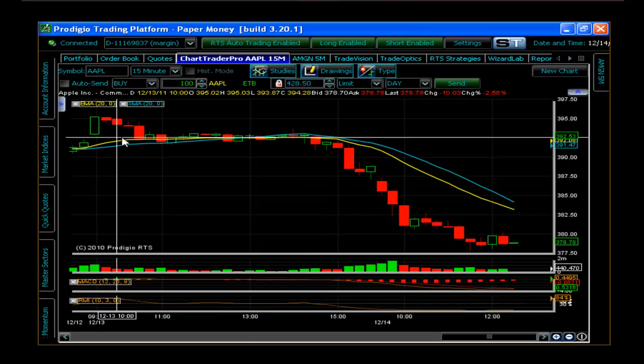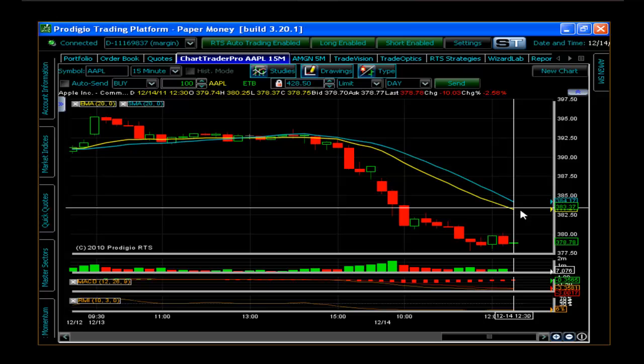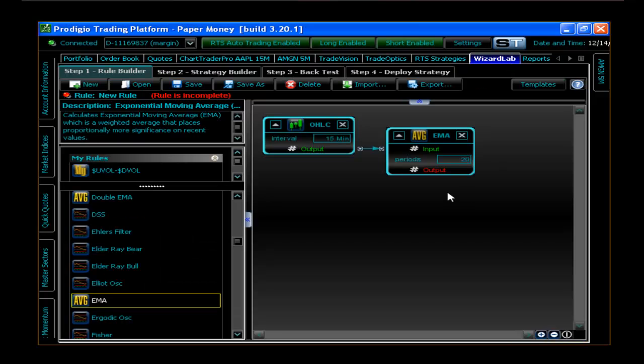This will give me the yellow line on my chart. And this yellow line is now the output of that EMA study. And I can do whatever I want with this output. So I know that I want to look for crosses between EMA and SMA. So let's model the SMA.